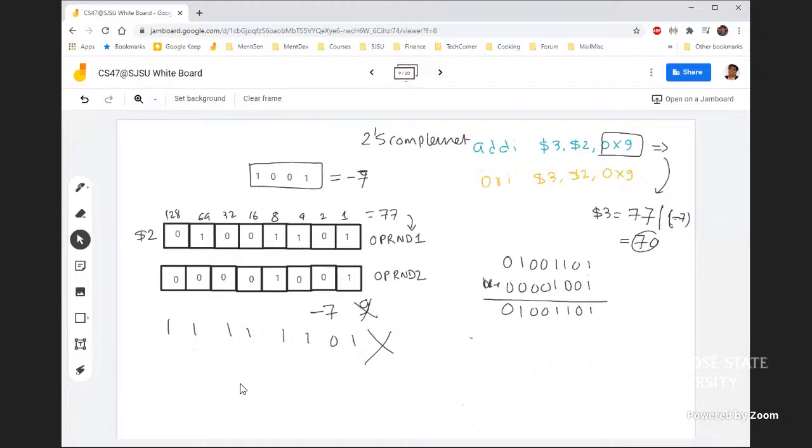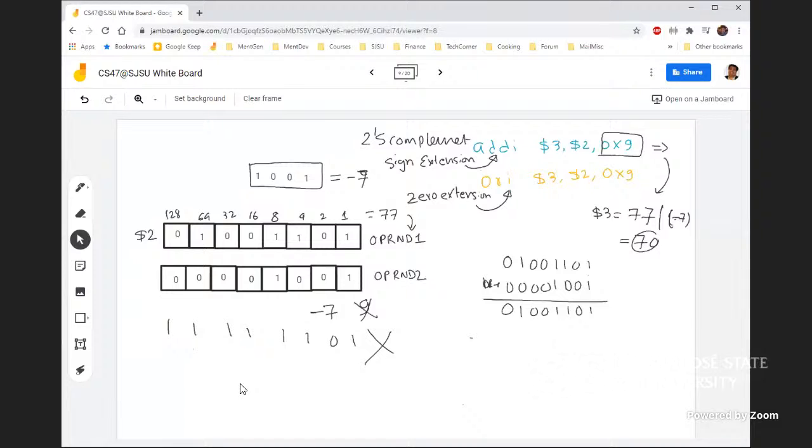This is what we call zero extension. So there are two types of extension: sign extension, which is applied to arithmetic operations, and zero extension, which is applied to bitwise logical operations.